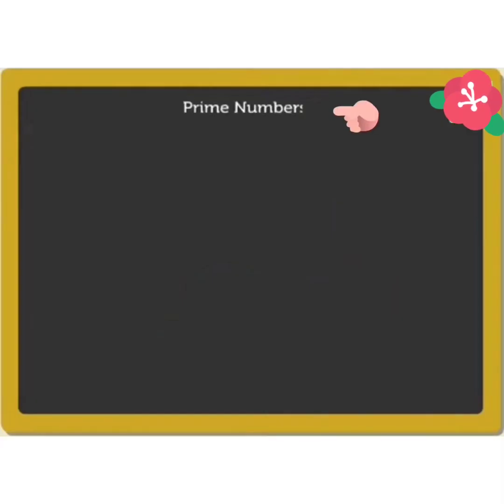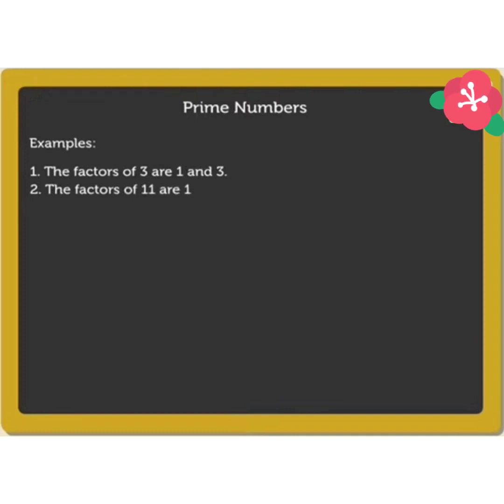Prime numbers. Look at the examples. The factors of 3 are 1 and 3. The factors of 11 are 1 and 11. The factors of 17 are 1 and 17.